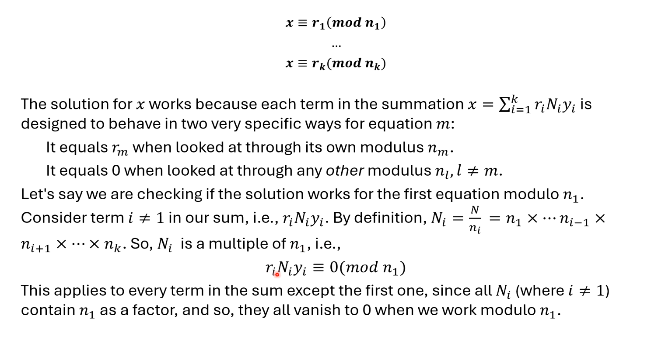In other words, this product here is congruent to 0 mod n sub 1. This applies to every term in the sum except for the first one, since all capital N sub i, where i does not equal 1, contain little n sub 1 as a factor, and so they all vanish to 0 when we work modulo n sub 1.